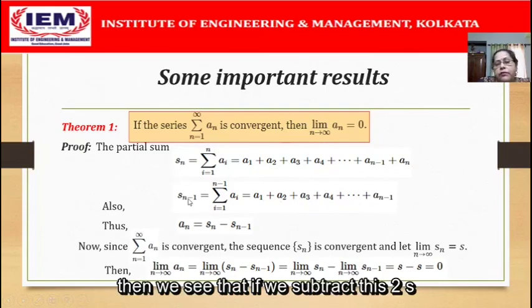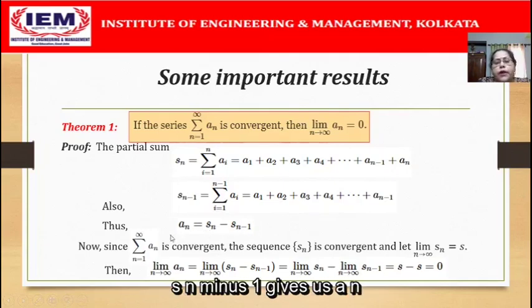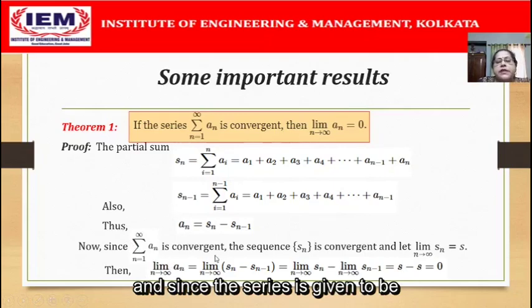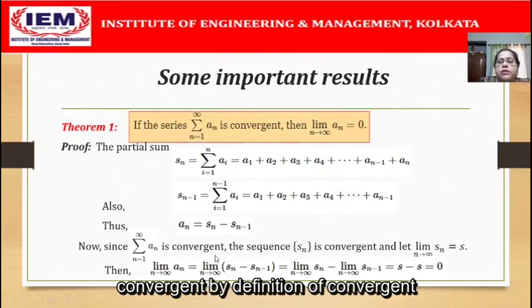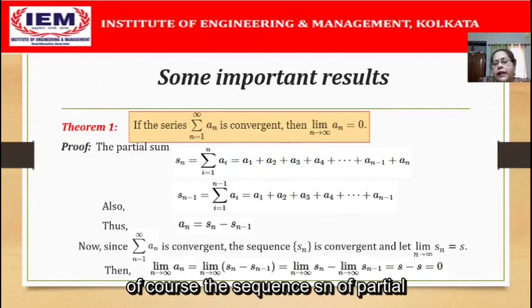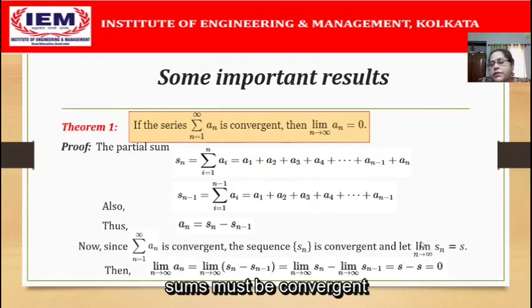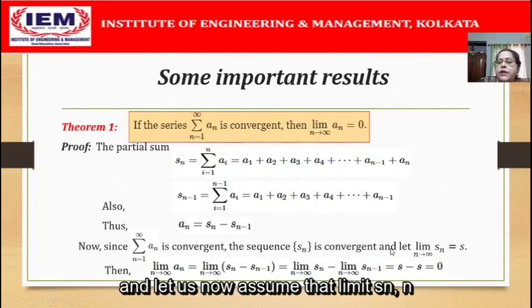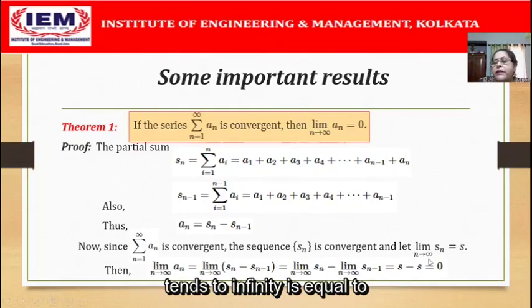So then we see that if we subtract these two, Sn minus Sn minus 1 gives us an. And since the series is given to be convergent, by definition of a convergent series, of course the sequence Sn of partial sums must be convergent. Let us now assume that limit Sn as n tends to infinity is equal to S.